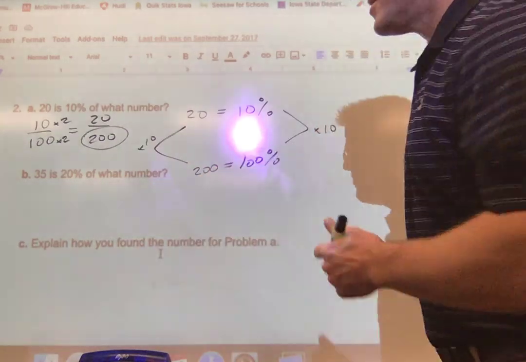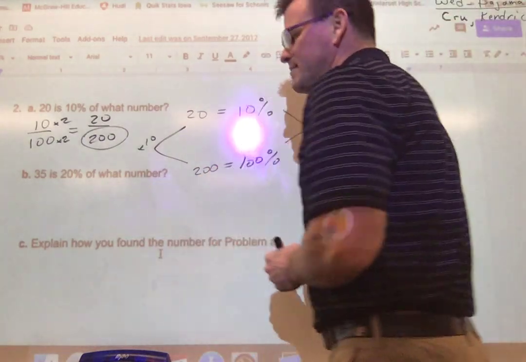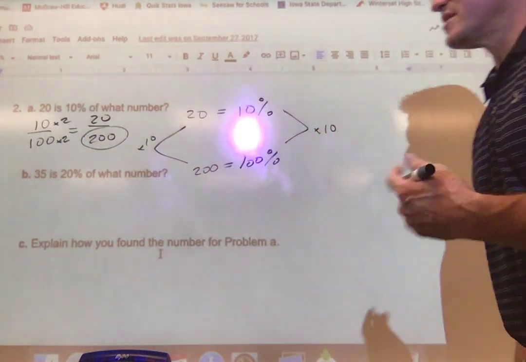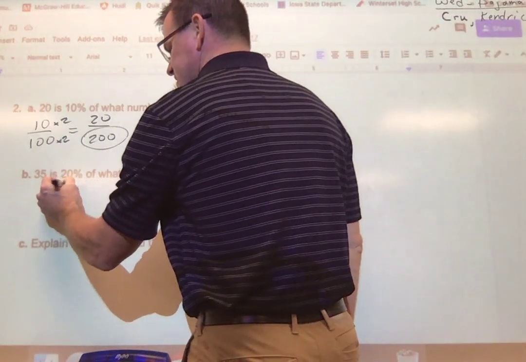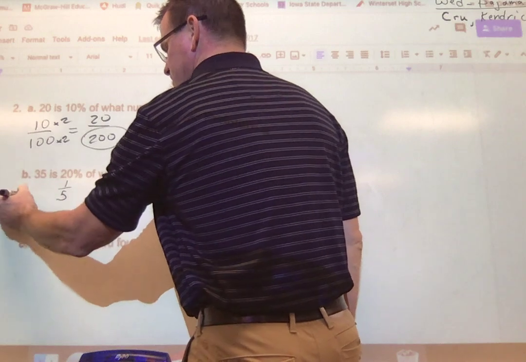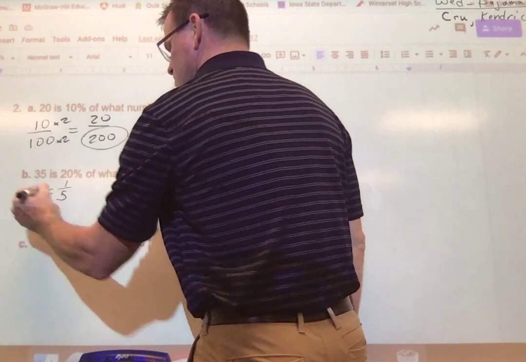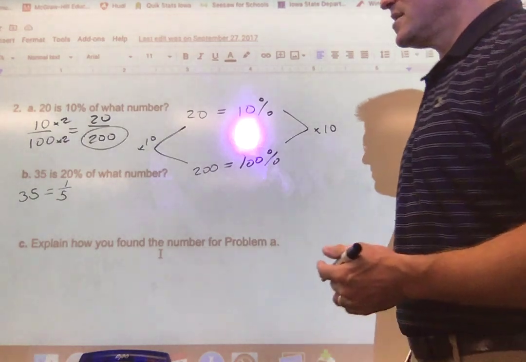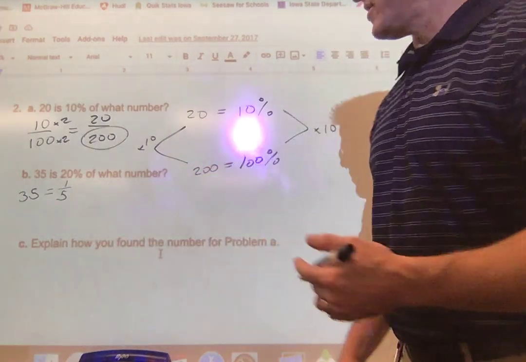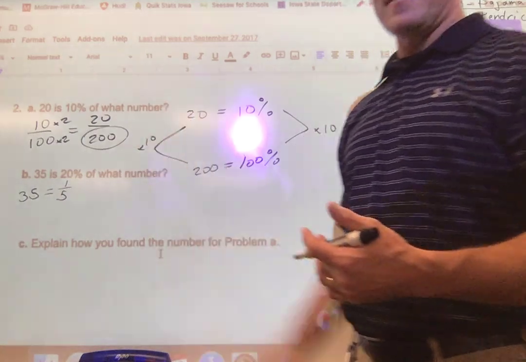Same problem here. 35 is 20% of what number? Okay. There's also an additional way you could think about this one. Some of you know that 20% is 1/5. So 35 equals 1/5 of what number? I'm missing the total. Okay, so if I've got 1/5, how many times do I need that to get to 5/5, or the whole?